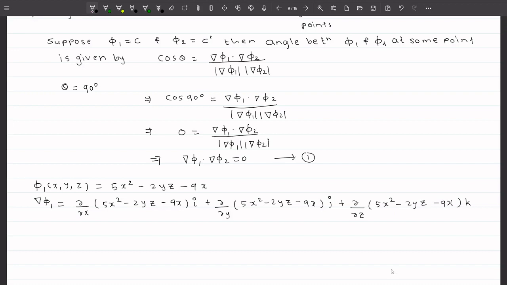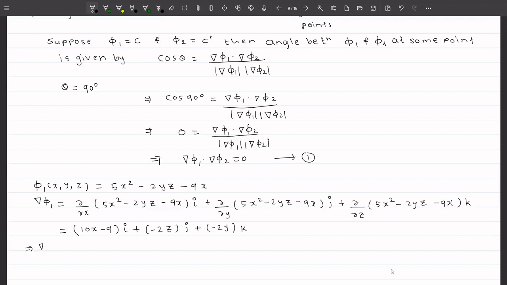Taking the partial derivative with respect to x only, it is (10x − 9) i. For y, 5x² and 9x give 0, so it is only −2z j. For z, it is −2y k.